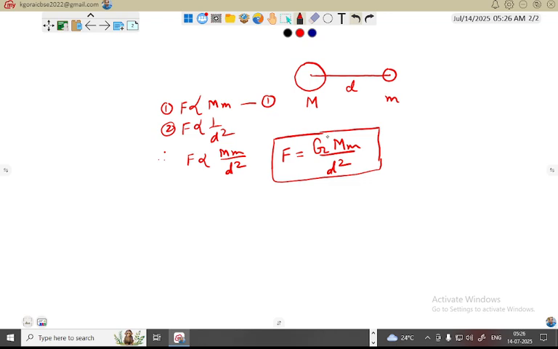G is called the universal gravitational constant. Capital G is known as the universal gravitational constant. This is what we call the universal gravitational constant, right?